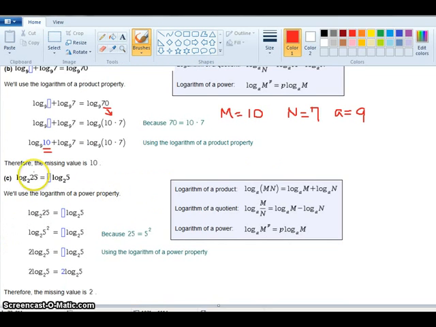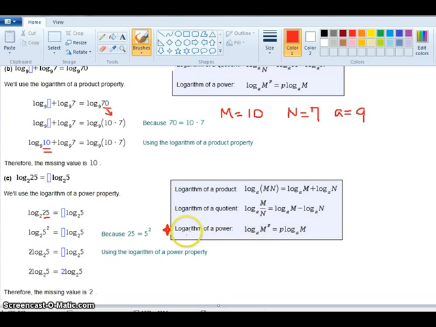Finally, let's look at c: log 2 of 25 is equal to something times log 25. For this question, we're going to use the logarithm of a power to help us find the missing value. On the left, we keep it the same. 25 is equal to 5 to the power of 2, 25 is equal to 5 squared, and that's how they got this.